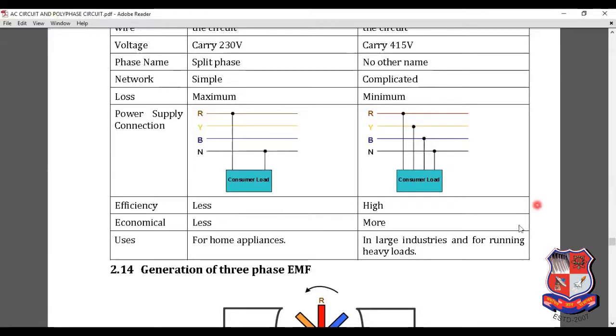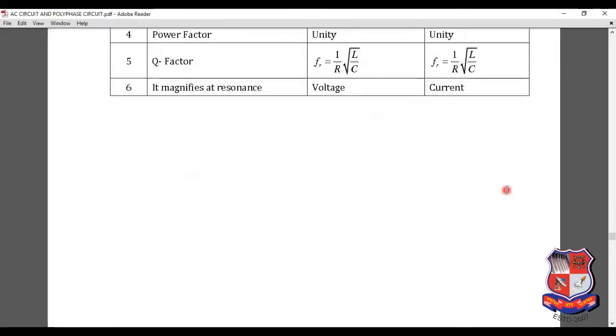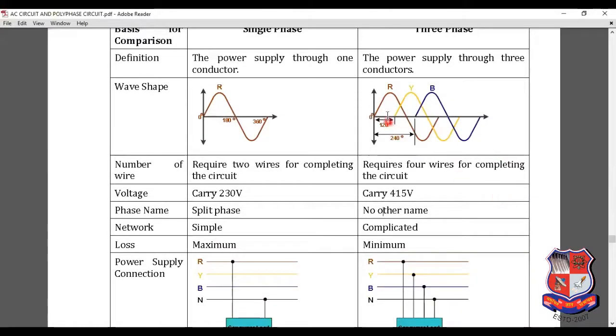The second most important thing regarding this theory is the phase difference. See, all three conductors, all three coils are 120 degrees electrically apart from each other.